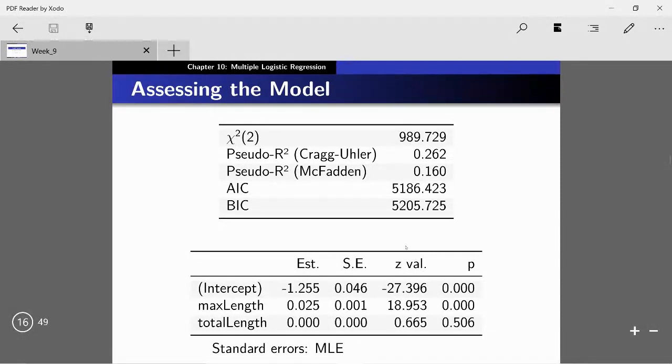Notably, similar to multiple linear regression, this is describing the importance of the variable after accounting for all other predictors. So it's not necessarily the case that total length is not important in predicting whether an email is spam or not. It's just that this p-value being large is indicating that after accounting for the max length, total length is not very important for predicting whether an email is spam or not.